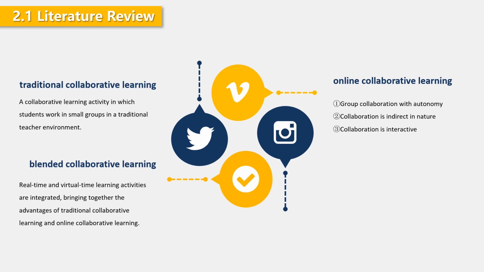Second, it is indirect in nature. Third, it is interactive. Blended collaborative learning, on the other hand, combines the advantages of traditional and online learning to compensate for each other's disadvantages, thus improving the overall collaborative efficiency and teaching effectiveness.